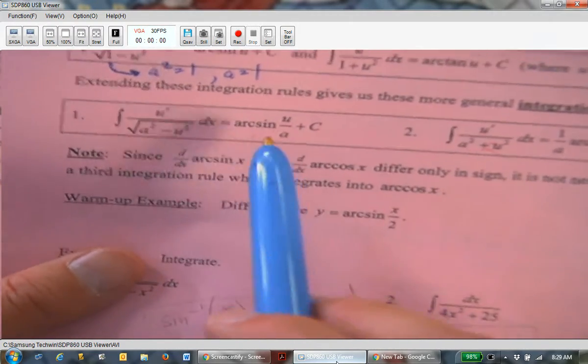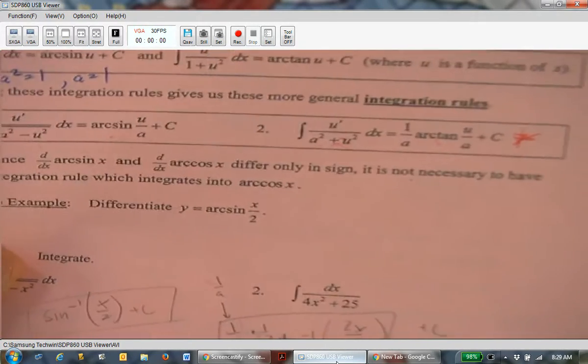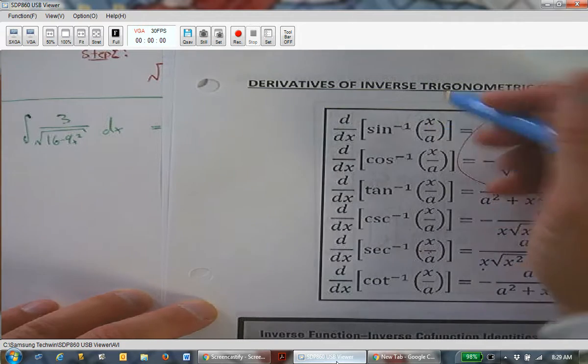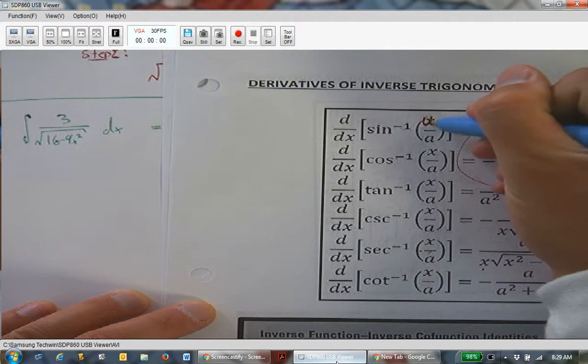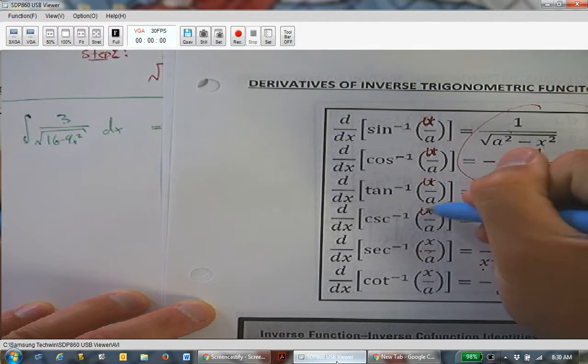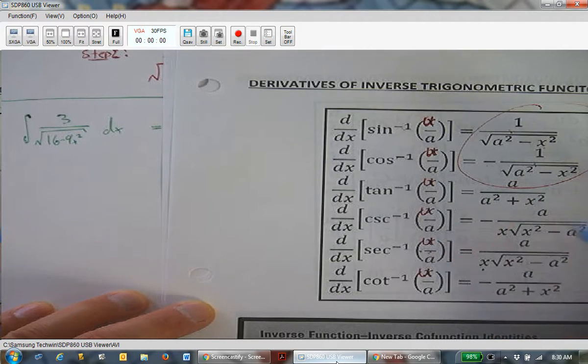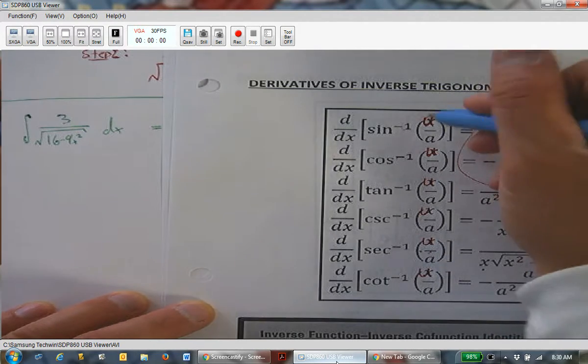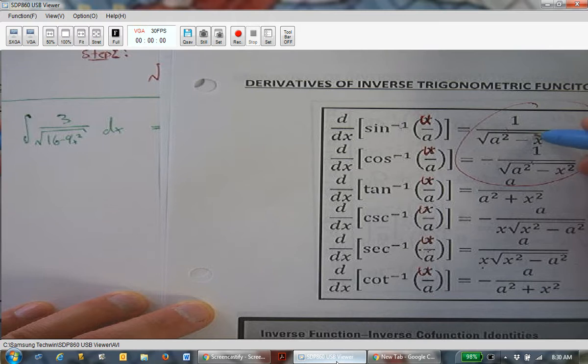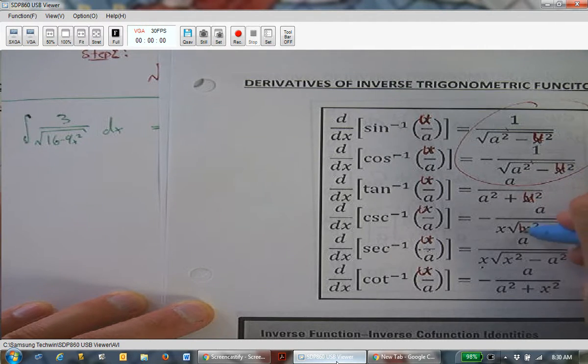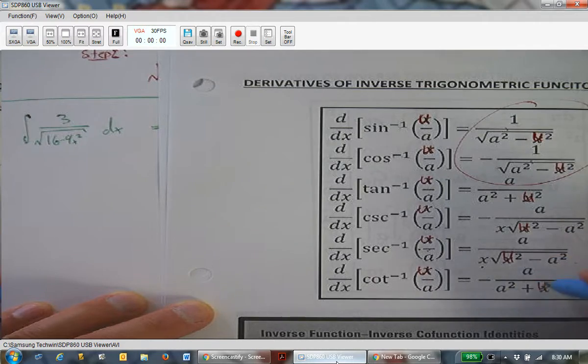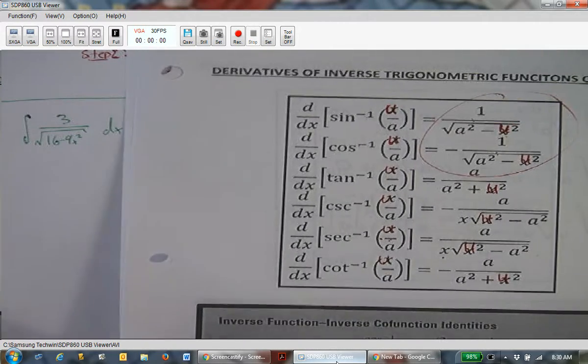So I'm going to use u's instead of the x's. In place of all these x's, I'm just going to put u. You don't have to do this; I'm just saying for purposes of my class, I'm talking about this stuff in terms of u. So this would be u.